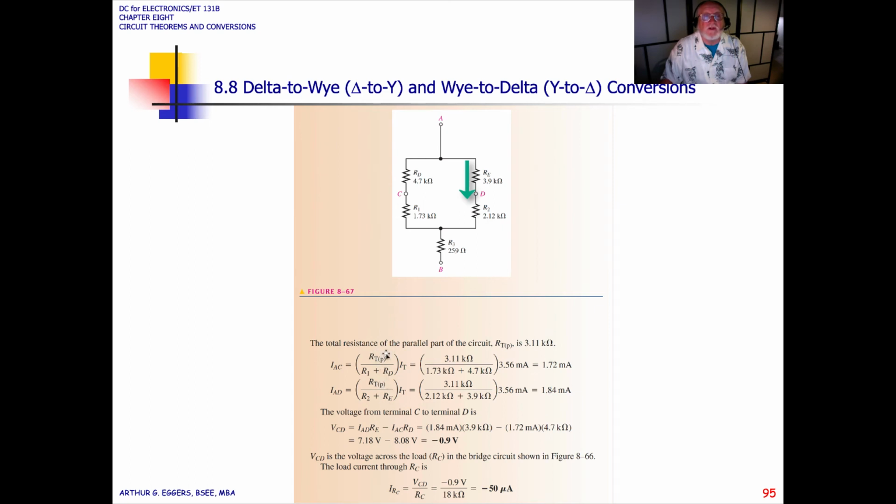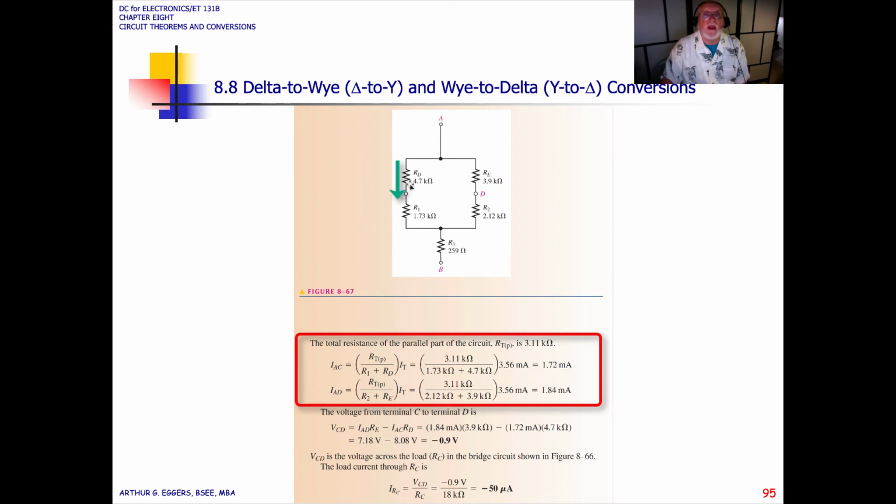So we've got all of our resistors that we are calling our total for the parallel. So our total parallel divided by R1 plus RD times IT. We get 1.72 milliamps for the current from A to C through this part of the branch, and we get 1.84 milliamps through this part of the branch.